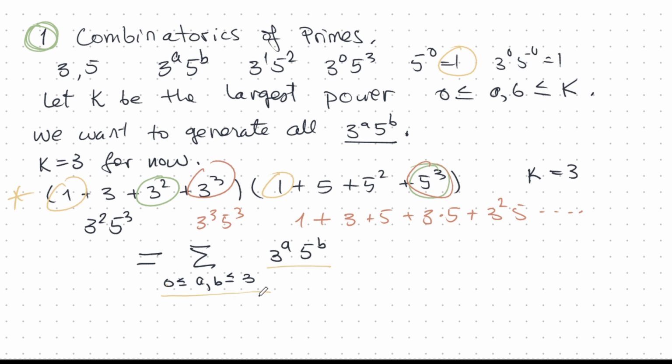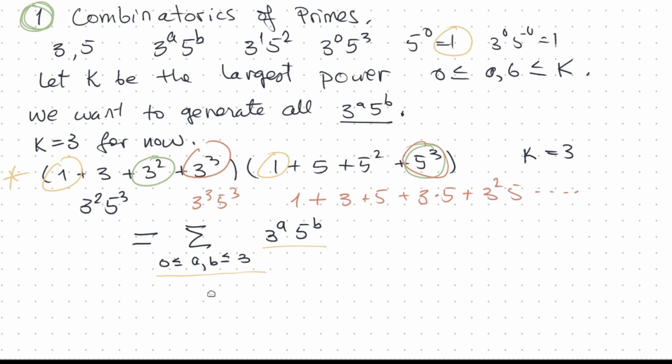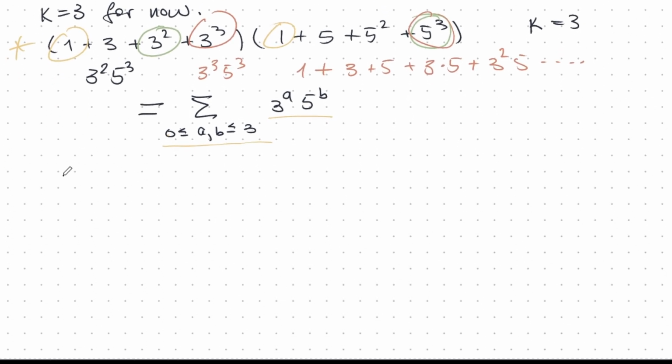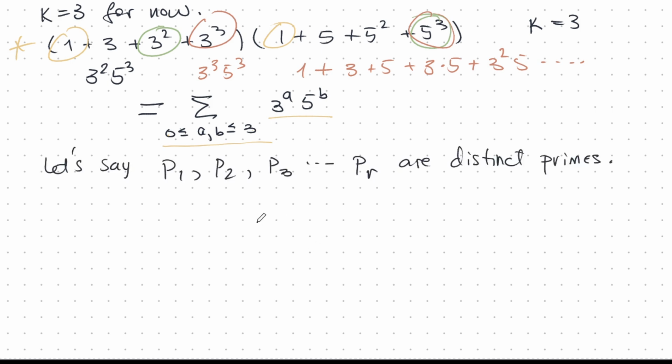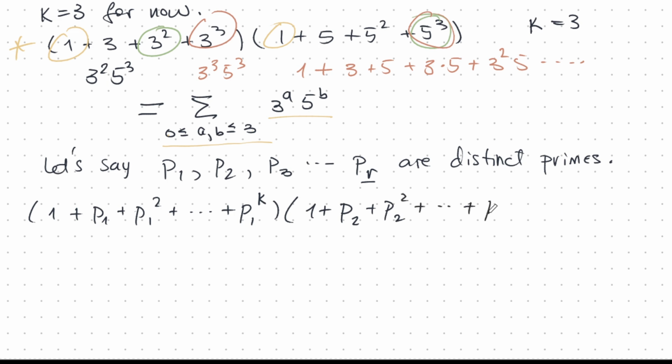This is a key idea in number theory in general. Now, instead of 3 and 5, let's say I have many distinct primes. So P1, P2, and so on up to PR, they are different primes, and I can form the same kind of products: 1 plus P1 plus P1 squared, all the way up to P1 power capital K, that's my limit, times 1 plus P2 plus P2 squared plus and so on up to P2 power K, big K. And this keeps going all the way.